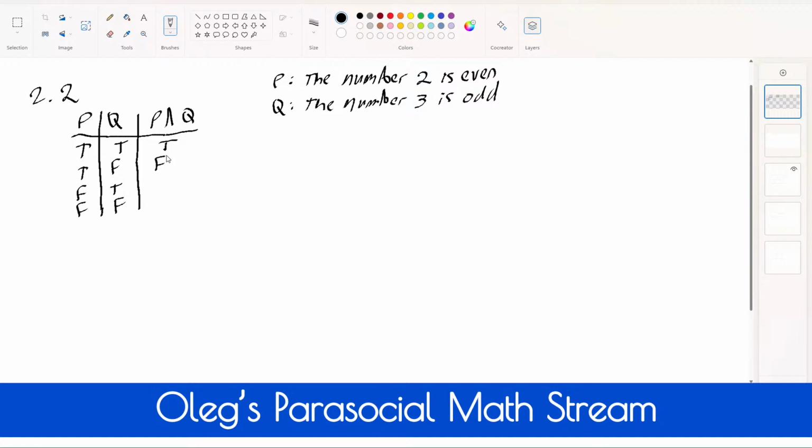So Q is rotten, the rot spreads to P. If P is false and Q is true, together they are false. And if one is false and the other is false, well, they're both false. So in this case, two falses don't make a truth. We'll see that under certain conditions, it's a little different.